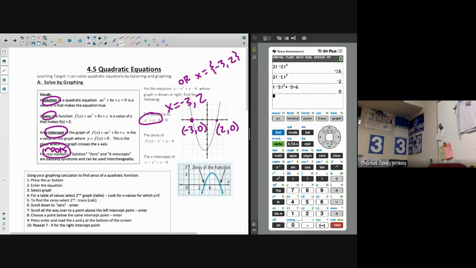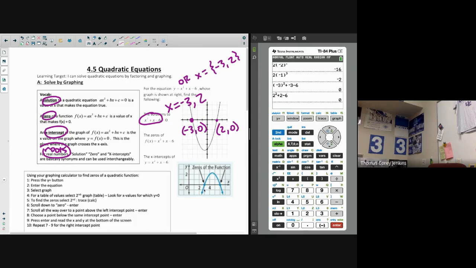We'll get the same result when we sub in the 2. So 2 squared, and notice I didn't put that in parentheses because 2 is positive, so you just have to be careful when the base is negative. You do need to put that in parentheses. Plus x, so +2, and then -6 is also 0. So you can see that those are actually the solutions.